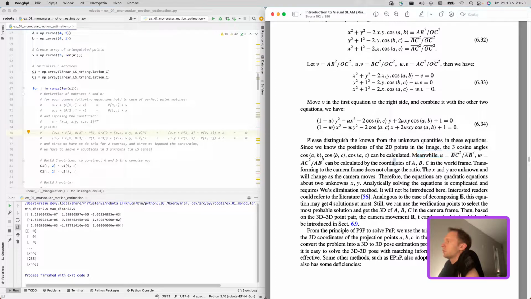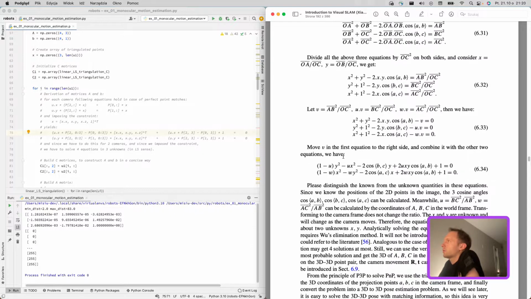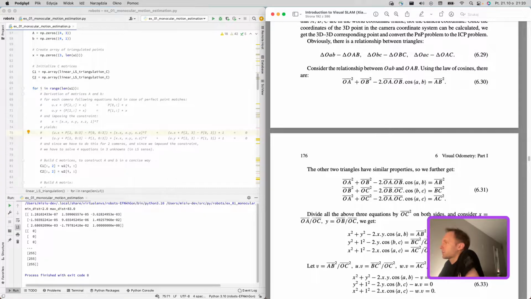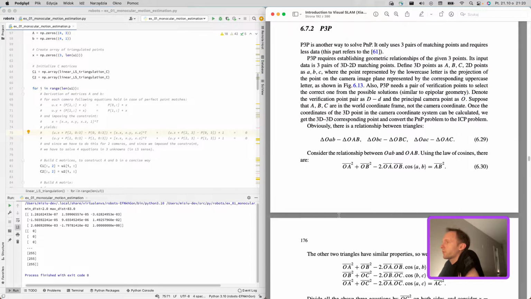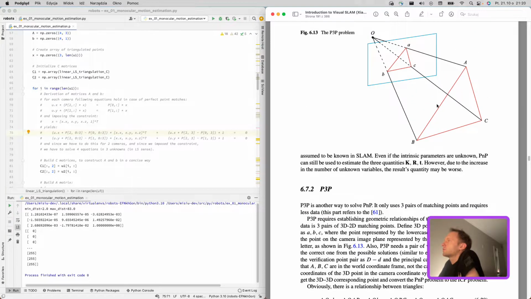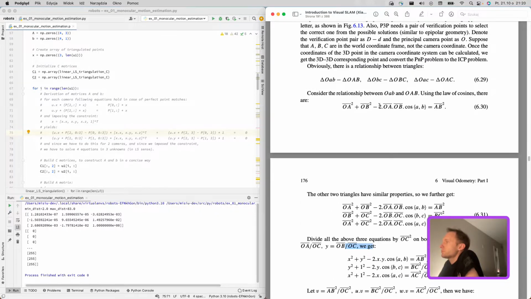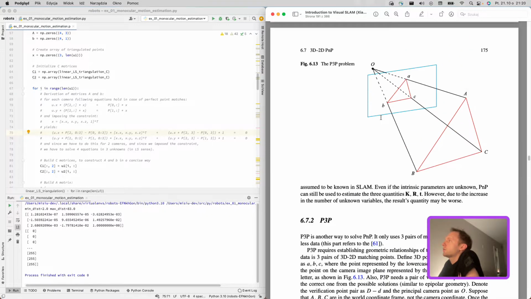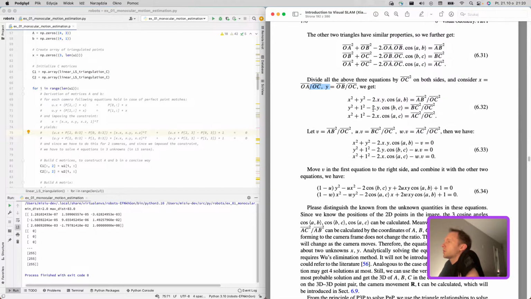Okay, so what do you want to solve for? What is X? OA by OC. Oh, like we can solve those.